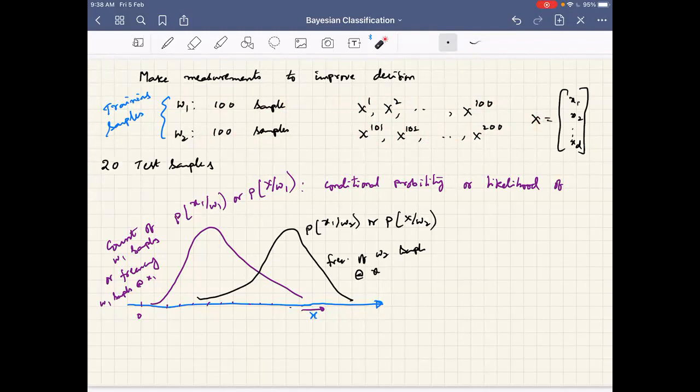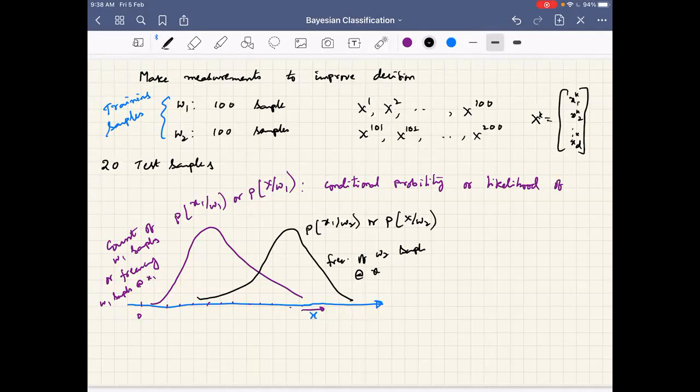Each sample has the features x1 to x3, but to keep it simple I'm not writing all these indexes everywhere. Capital X means a sample. Small x means a feature. Okay, fine, good.